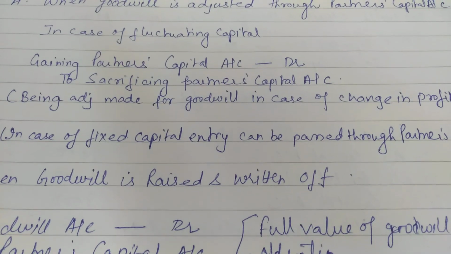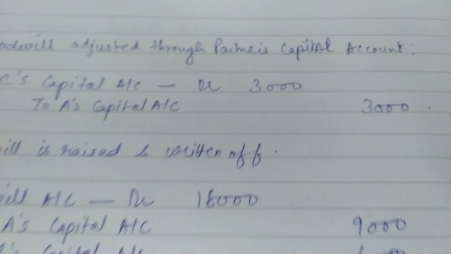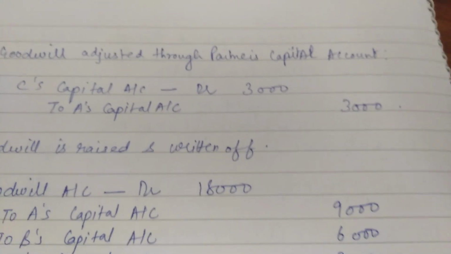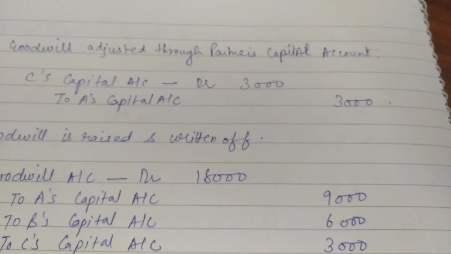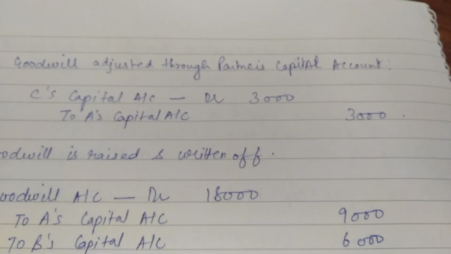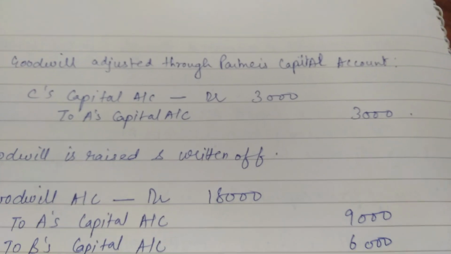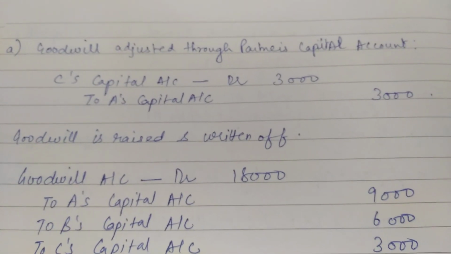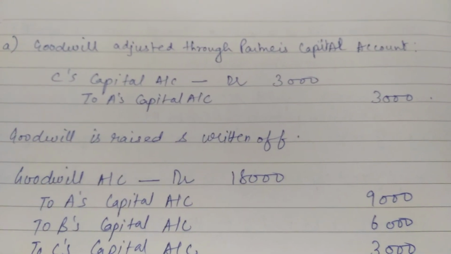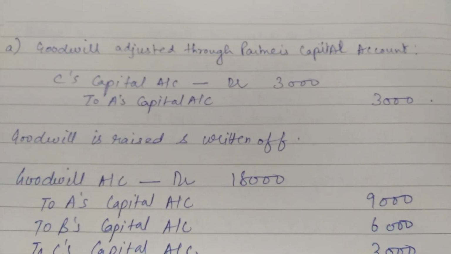Gaining partner's capital account debit to sacrificing partner's capital account. Who is gaining in this sum? C is gaining. So the entry will be C's capital account debit to A's capital account. 18,000 was goodwill, 18,000 multiplied by 1/6 is 3,000. So you are going to pass this entry with 3,000: C's capital account debit to A's capital account.